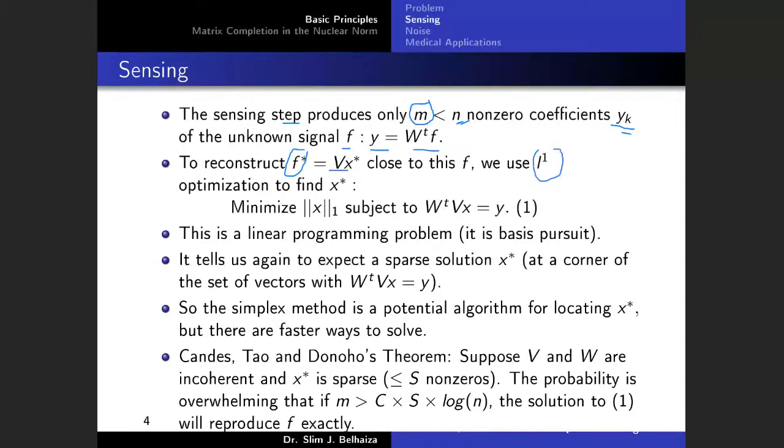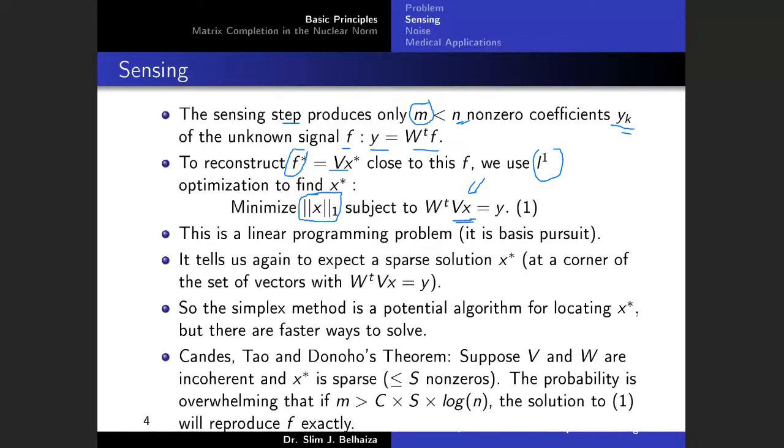So we minimize, in fact, we try to find an X such that the L1 norm of X is minimized, and X satisfies the equations W^T V times X is equal to Y. We'll see a couple of examples.